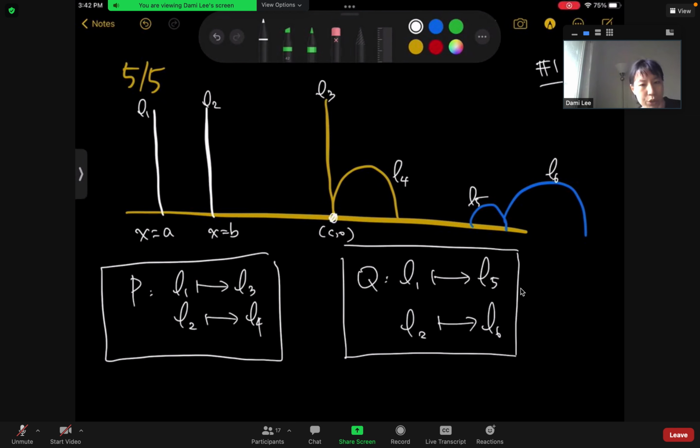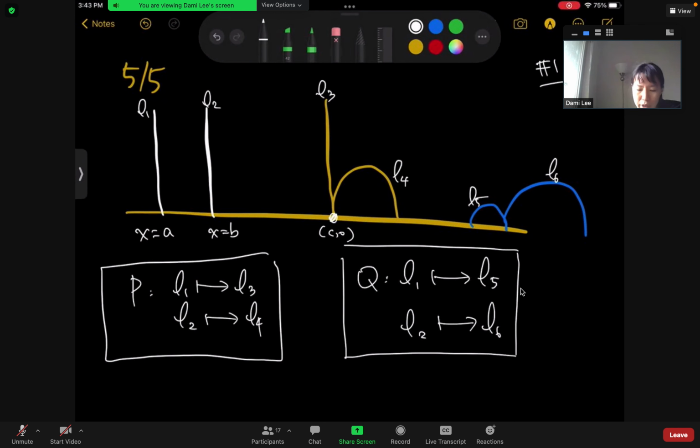And what we're trying to do here is say that L1 and L2 form a pair where they meet at infinity. Now I want to send those two lines to L3 and L4. I don't know where the other points are going to go, but wherever L1 and L2 met, they actually met at infinity. We're sending that point to the point where L3 and L4 actually meet.